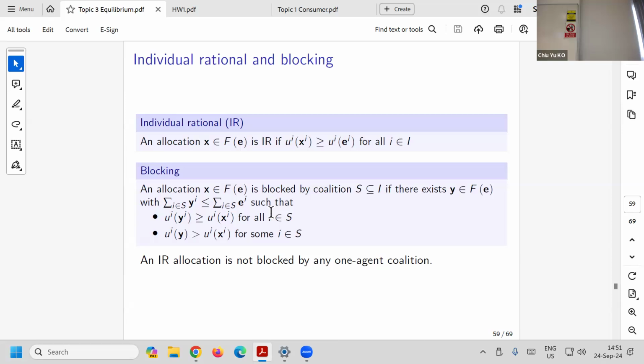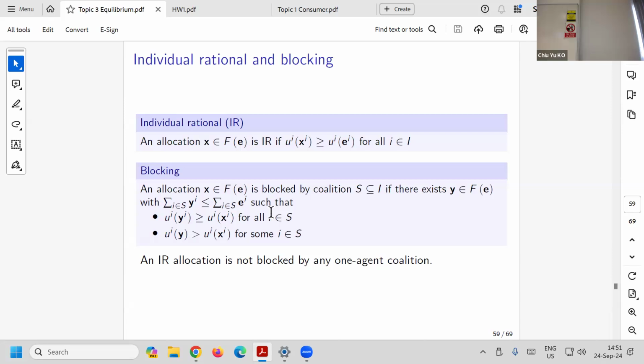And of course, as I said, there are a lot of people working on general equilibrium, and people are not fully satisfied with productive efficiency alone, because productive efficiency is a very weak requirement.